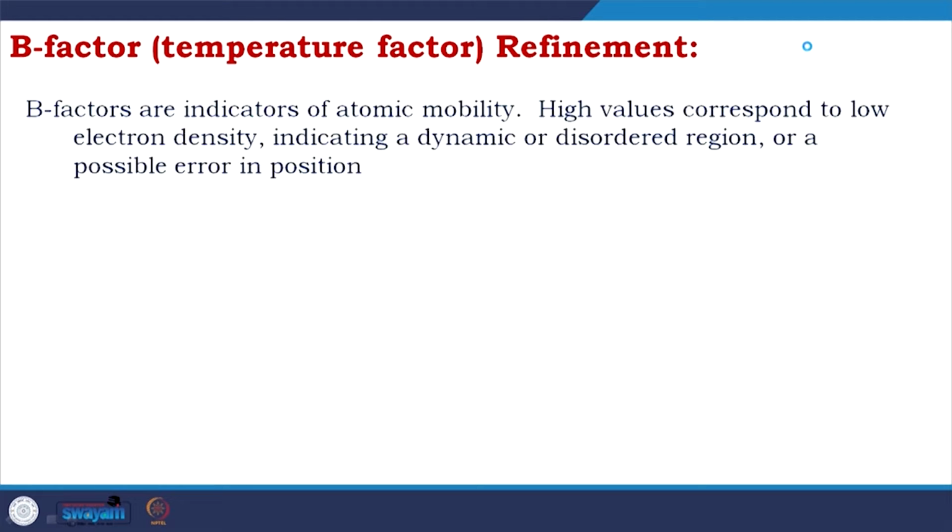Coming to B factor or temperature factor refinement, B factors are indicators of atomic mobility. High values correspond to low electron density, indicating a dynamic or disordered region or a possible error in position.